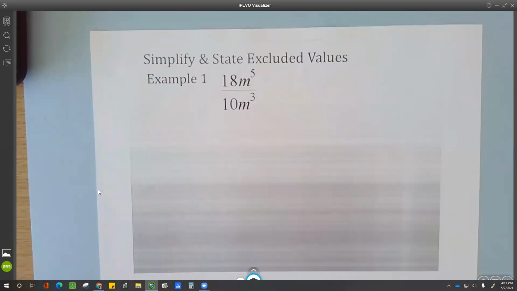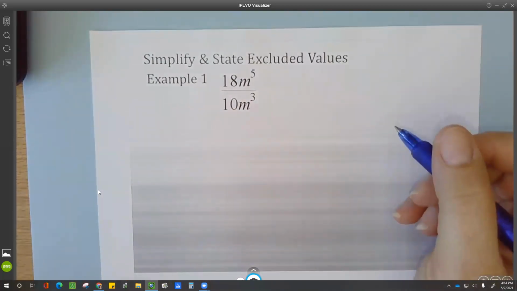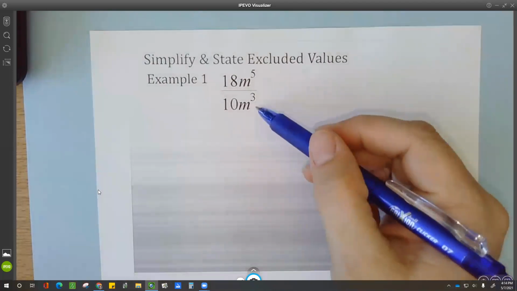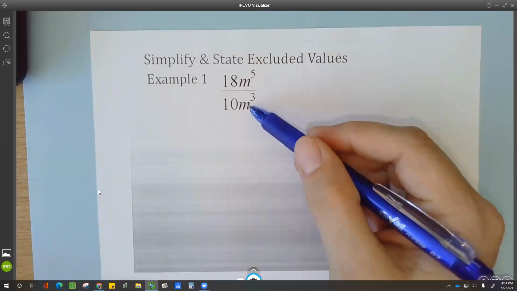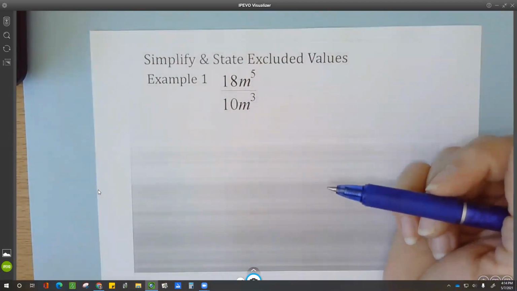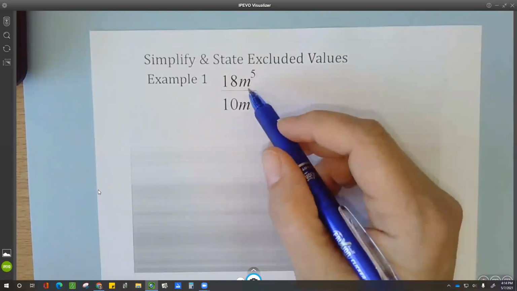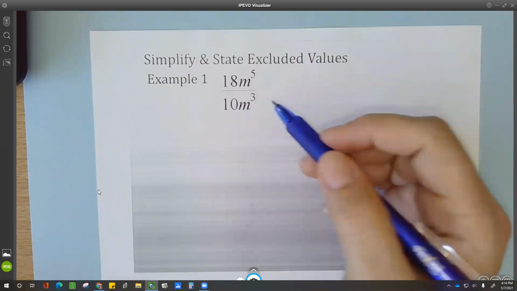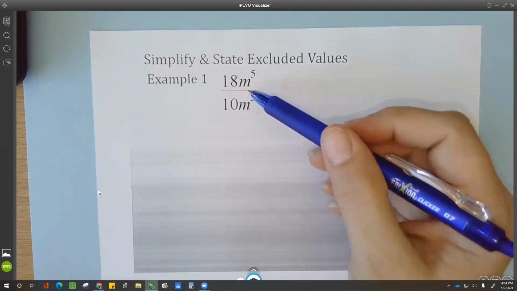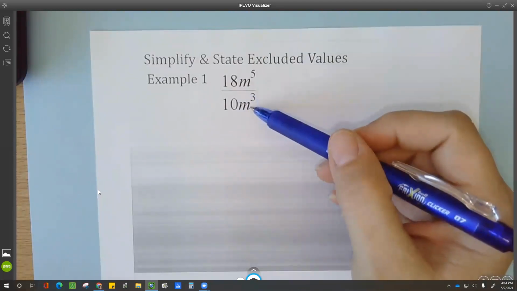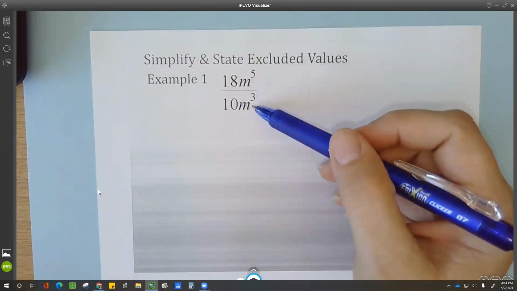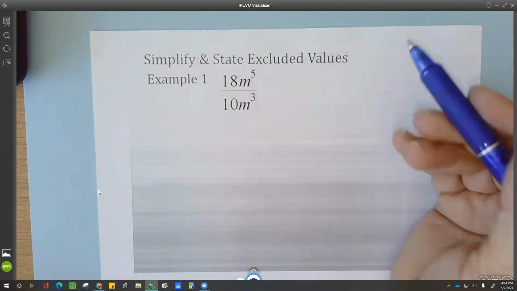Please write this problem down, this expression. This is how we will simplify. This is a rational expression because there's a variable in the denominator. It's made of polynomials, a ratio of polynomials. So I'm going to factor these two terms. I want to know what's the common term, the greatest common factor of the numerator and the denominator.